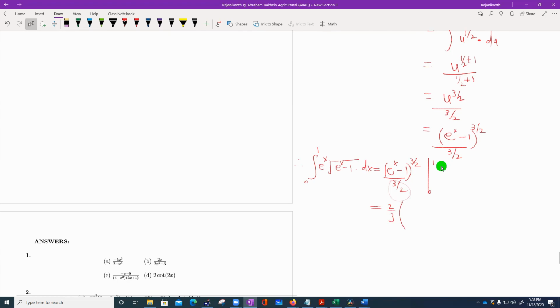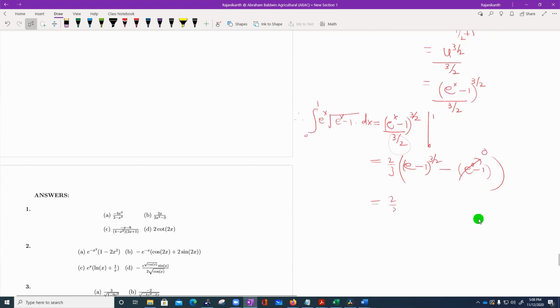Plugging in the upper limit first, e to the power 1 gives e minus 1, all to the power 3 over 2. Then subtract the value at the lower bound, e to the power 0 minus 1. Remember, e to the power 0 is 1, and 1 minus 1 is 0. Therefore, your answer is 2 over 3 times e minus 1 to the power 3 over 2.